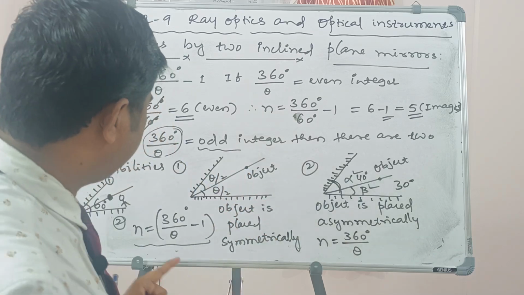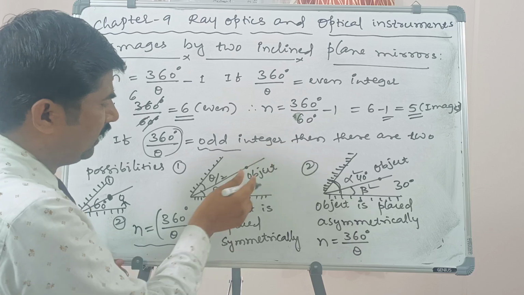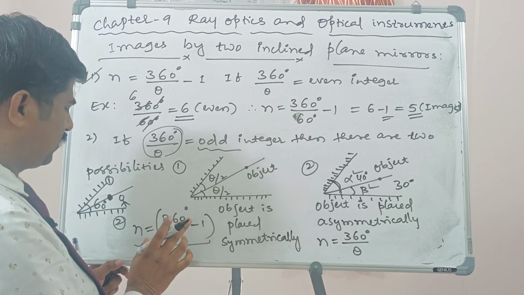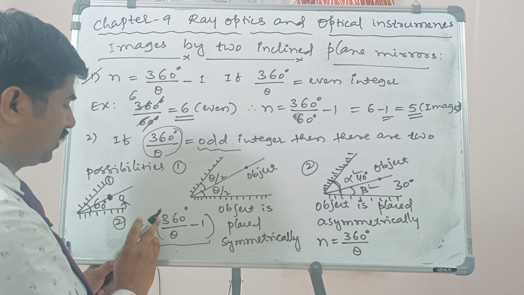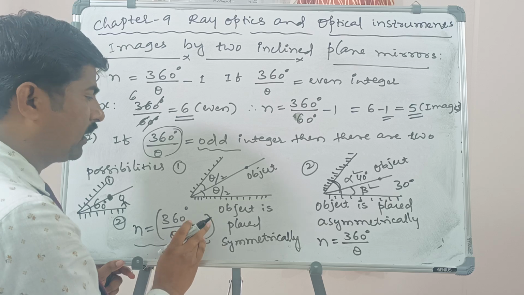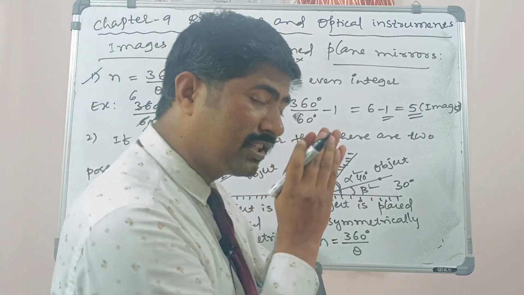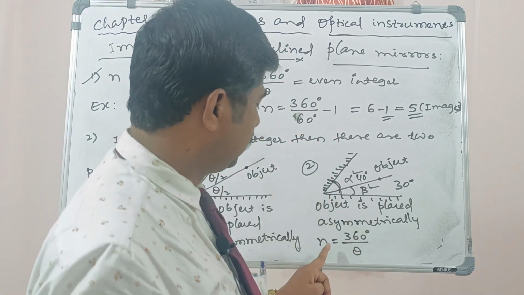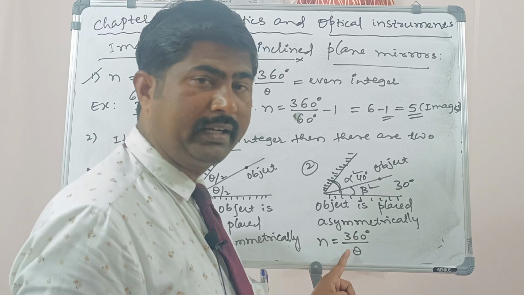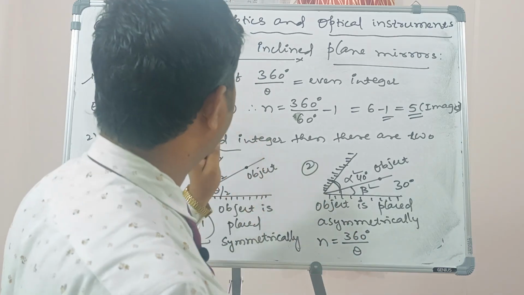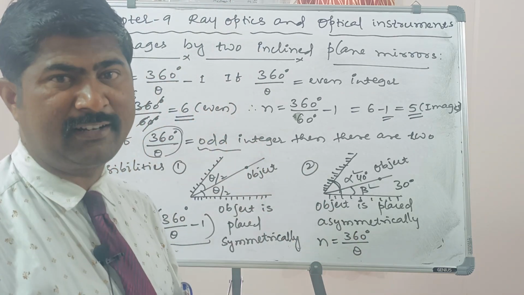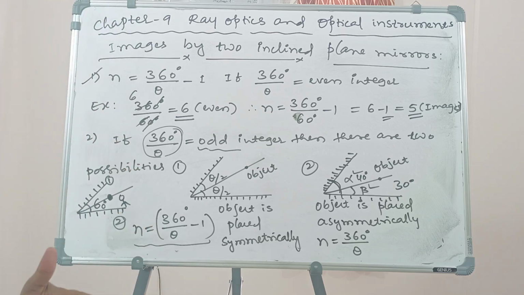One is, if the object is placed symmetrically between the two mirrors, then we definitely use the same formula, n equals 360 degrees divided by theta minus 1. Otherwise, if the object is not symmetrical, then we use n equals 360 degrees divided by theta. Based on this, we have numerical problems, which you can understand. Till then, practice and remember the formula and the different cases.